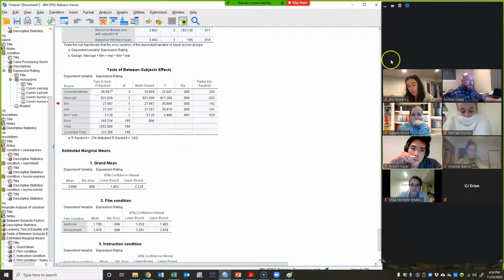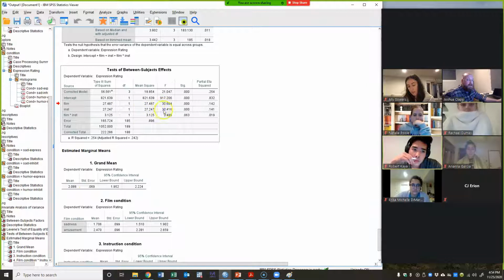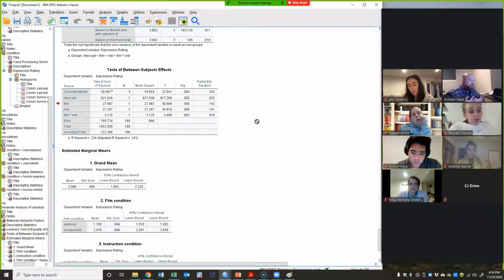Okay. And so, Robert, what else are we seeing? Tell me about this effect for instruction. What are we seeing here? So we're also seeing a high statistic with a low p-value, so enough to reject the null.